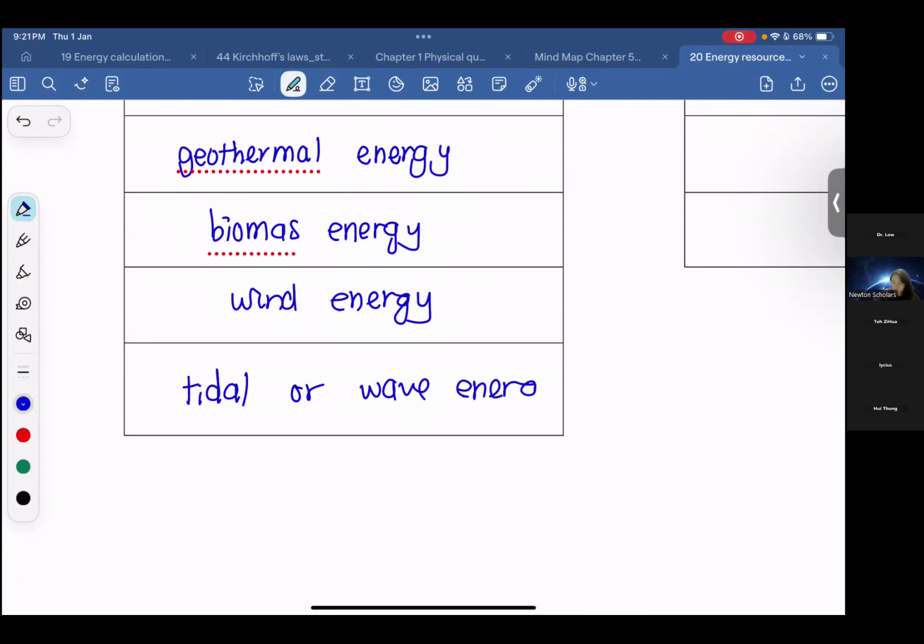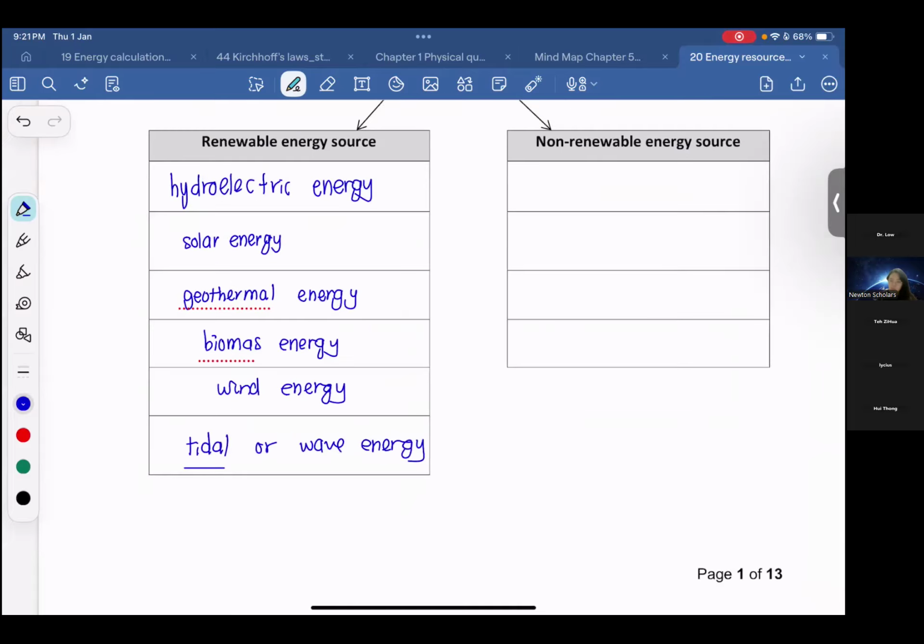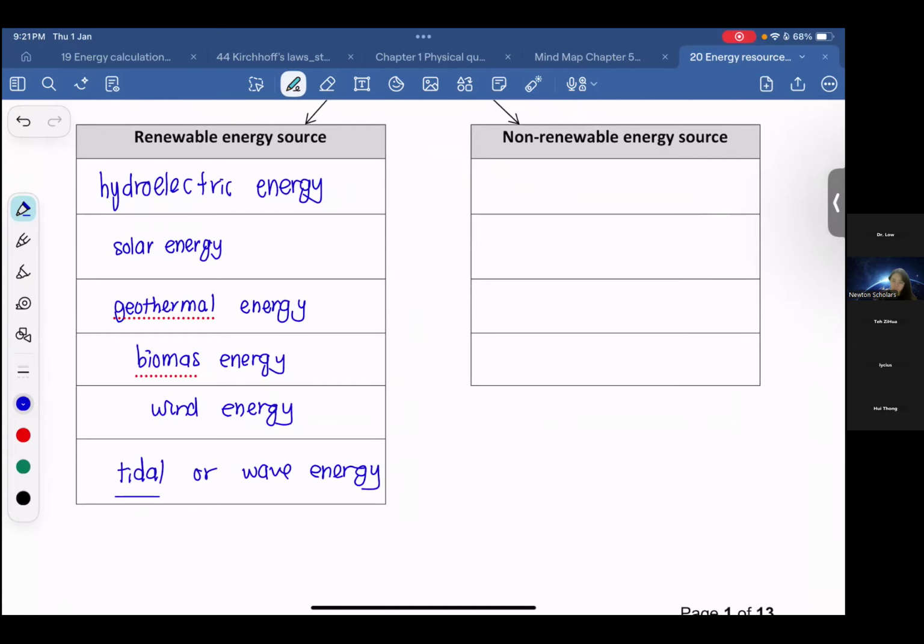Actually, these two are different. Tidal is the energy because of the attraction between Earth and Moon. Non-renewable, after we use it up, no more already. For example, the coal, the oil, the natural gas.